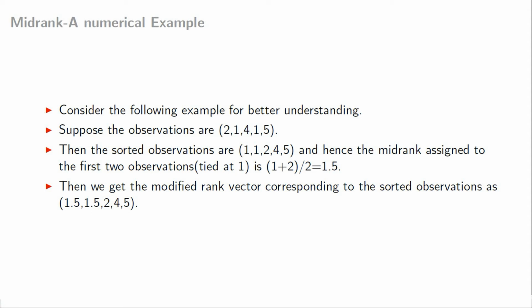If we don't have any tie at the first and second positions, we could assign ranks 1 and 2. If there is a tie in the first 2 positions, then we add the possible ranks, that is 1 and 2, and assign the average of these ranks to the tied observations. Then we get the modified rank vector corresponding to the sorted observations as 1.5, 1.5, 3, 4 and 5.